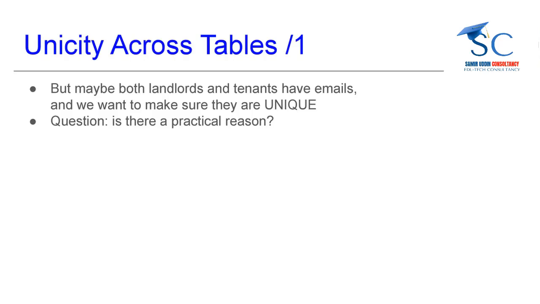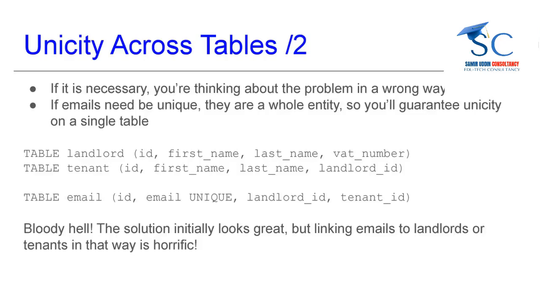I mean, is it really possible that someone tries to register as a tenant and then as a landlord, and this is an actual problem for you? If not, don't deal with this theoretical problem. But let's talk about the case where you actually need to deal with it.